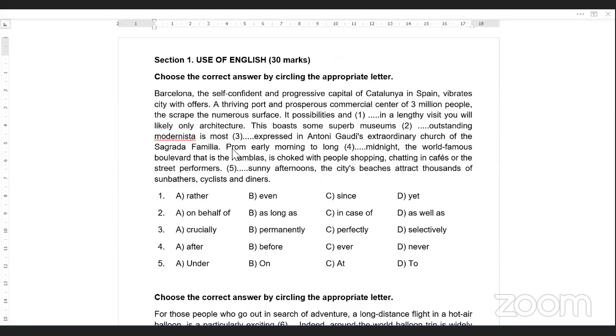Now you have a minute to look at section 1 and pick the answers. You have 5 questions and you have 1 minute. Text your answers, like 5 answers in one message. Do not separate them.